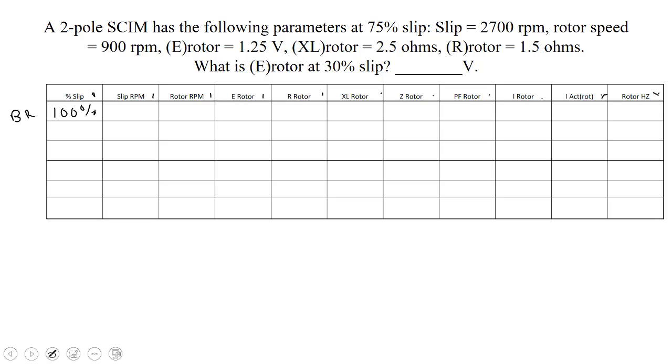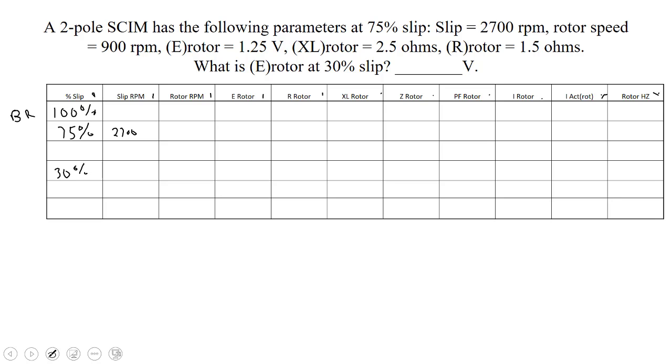And they're giving us values at 75%. So I'll make another row here. And then they're also asking us to calculate a value at 30%. So based on the information given, at 75% slip, we have a slip RPM of 2700.